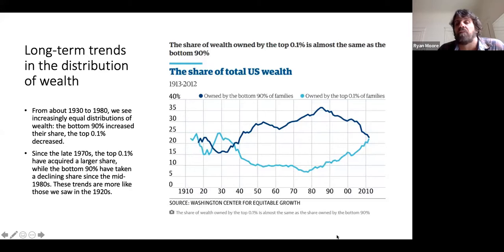And since then, it's been in a steady free-fall. So basically this top 0.1% owns almost as much as the bottom 90%. It may be now that they actually own more, since this graph seems to end at 2012. So it's been quite a remarkable reversal.